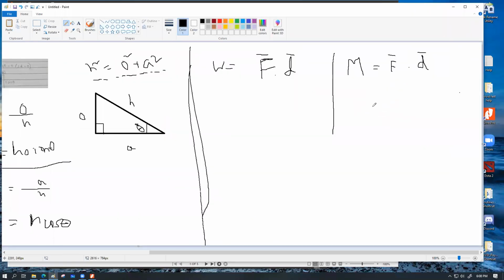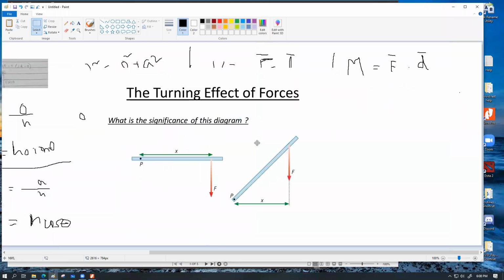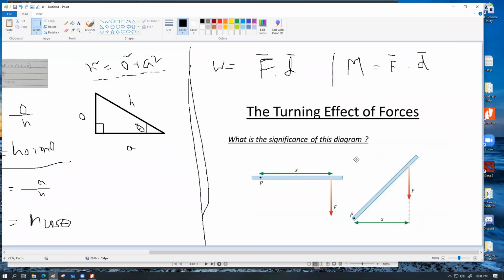So let's try and compare these two figures that we have over here. Have a look at these two figures. What we're trying to show you is, consider that this is a door, not essentially a horizontal body, because that would be difficult for you to visualize, as you would always assume the weight is a beneficial help.